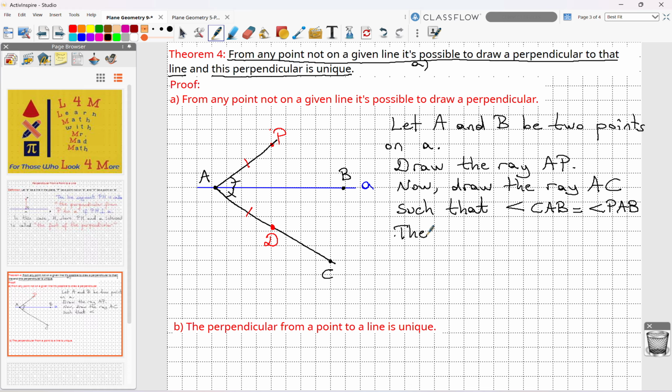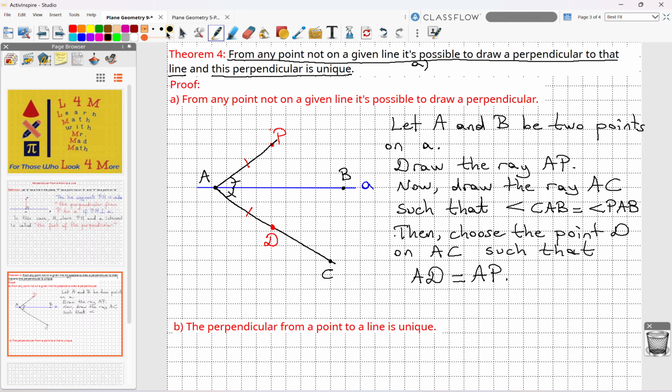Then choose the point, because it's not any point, it's a special point. Choose the point D on the ray AC such that the length of AD is equal to the length of AP.